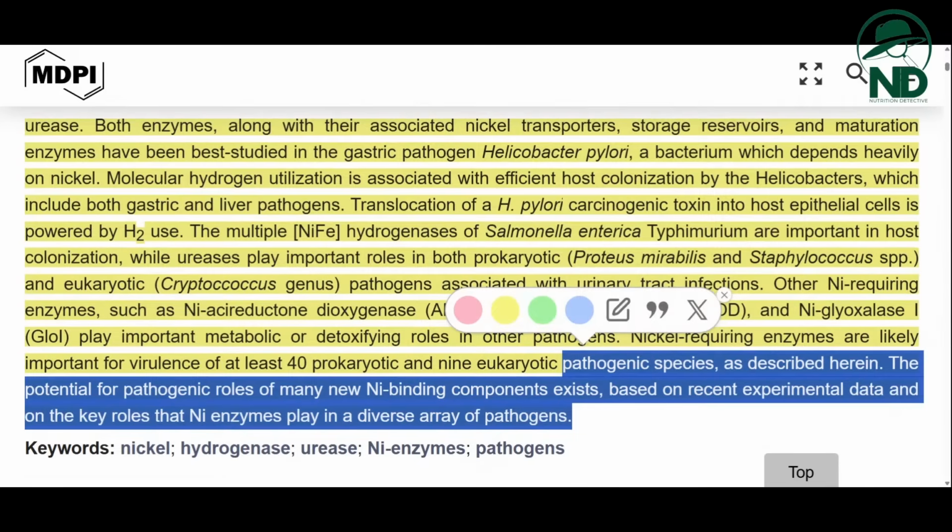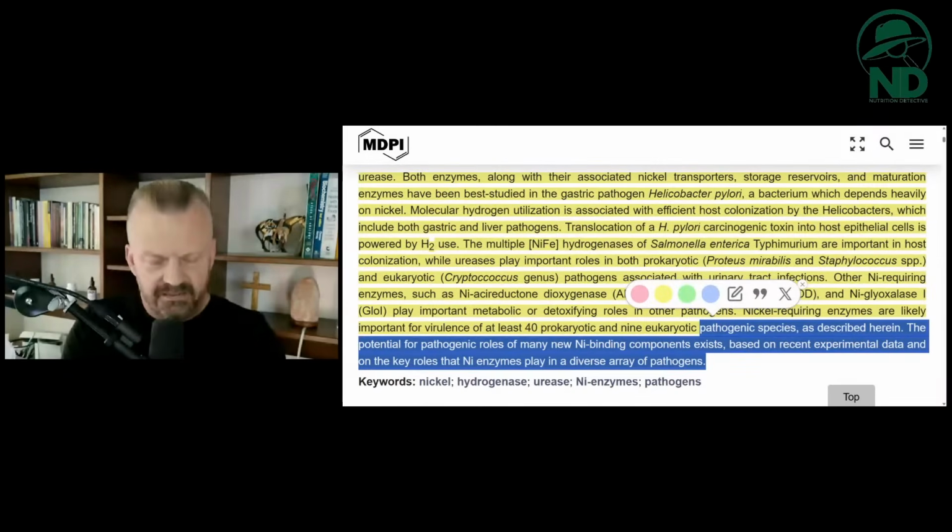Okay. I'm going to hit on the urease real quick here. The urease, they're going to bring this up a lot. Bacteria especially need, and so do some fungus, as we'll see, urease. What does urease do? It does two things for these pathogens. It breaks down the urea, which then gives them nitrogen as a literal food source.